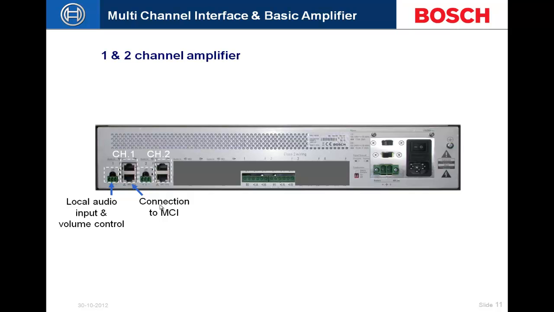If you were to plug a CD player into channel 1 of the amplifier shown here, essentially whatever you play is going to come out that speaker output. When a page happens, meaning it would come in through this MCI port here, that's going to be a higher priority than the CD player input, and it would automatically disable that local audio input and override it.